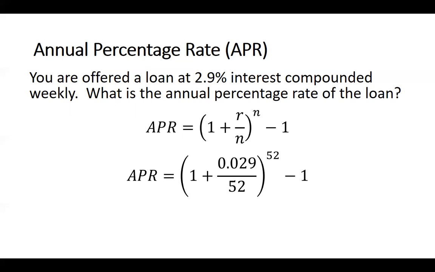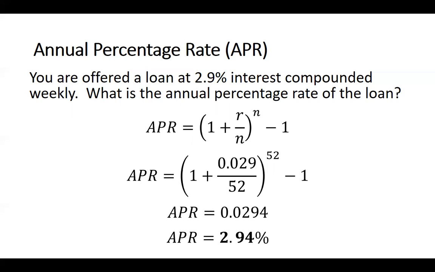So we have 1 plus 0.029 over 52, all raised to the 52, minus 1. Order of operations: 0.029 divided by 52, then add 1, then raise that result to 52, then subtract 1. We come out with the APR equal to 0.0294, convert it back into a percent, and that's 2.94%.